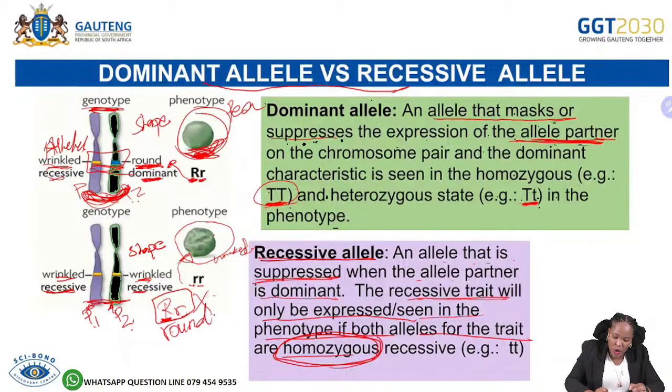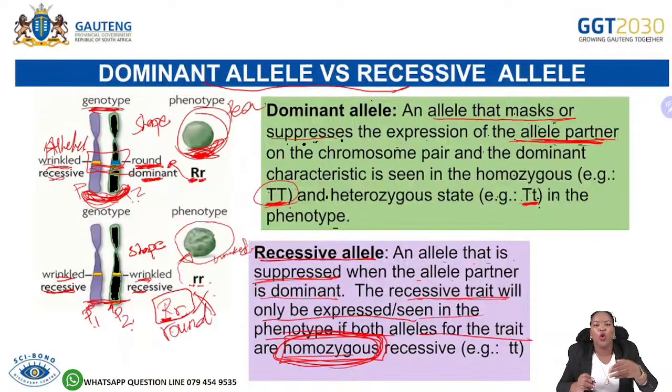Therefore, you are not going to have a situation where the recessive is expressed in a heterozygous state. It can only be expressed in the phenotype if it is in a homozygous state. So for it to show in the phenotype, it must be small letters together, because if there's a big letter there, that big letter is going to be dominant over the recessive one. So that is the recessive and the dominant story.